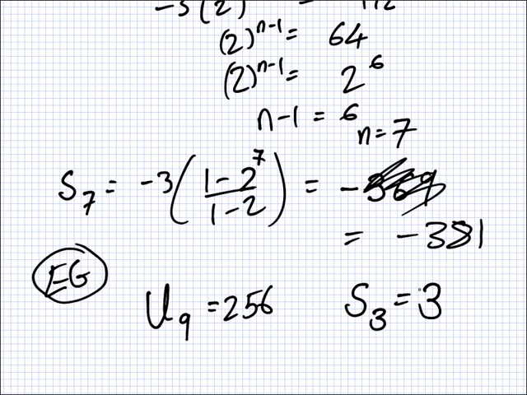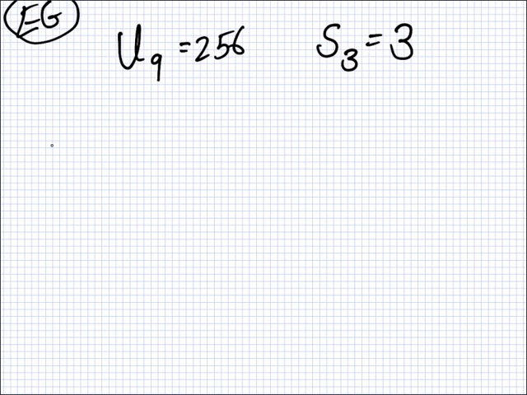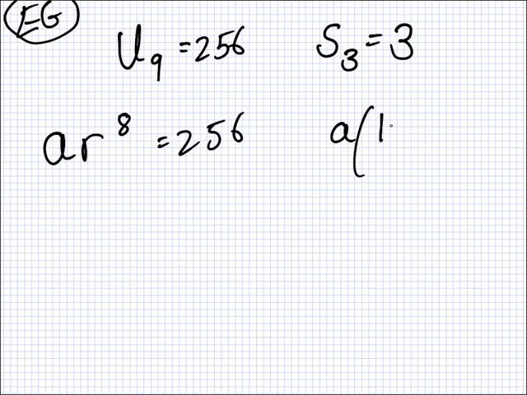Let's have a look at it. Right, on the left I get a r power 8. And on the right I get a 1 minus r cubed, isn't that right? Over 1 minus r. And that is equal to 3. Yeah?